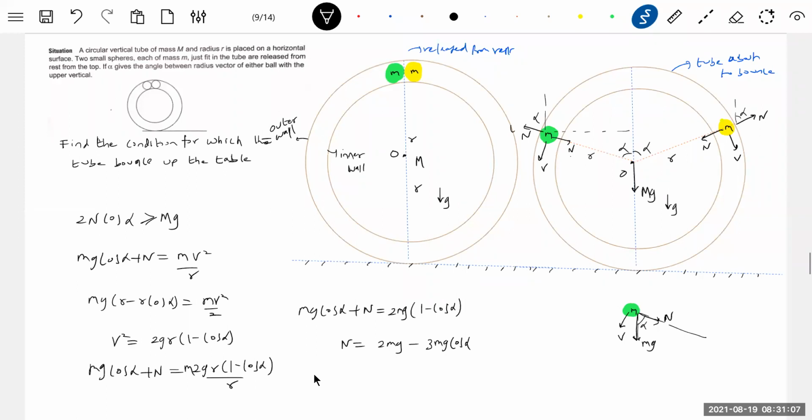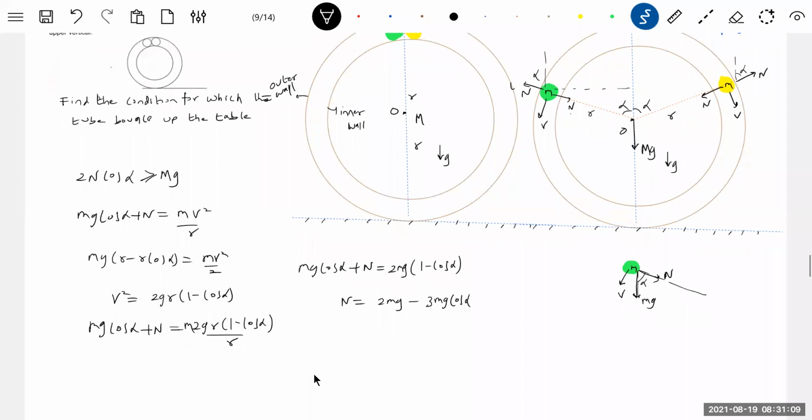This value of N I'm going to substitute there. This is equation 1, this is equation 2.